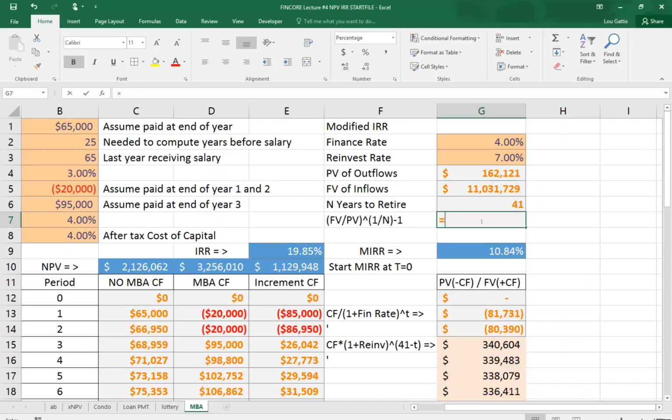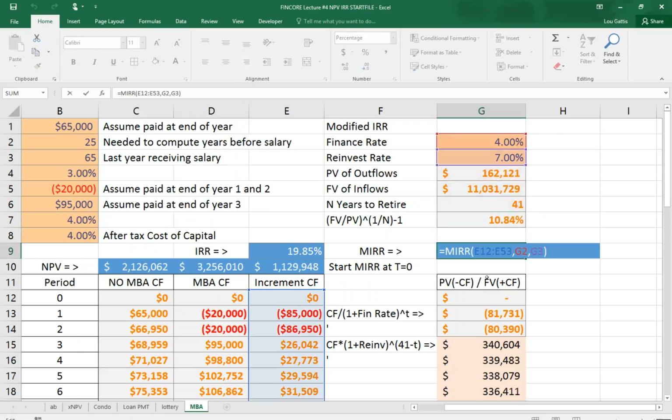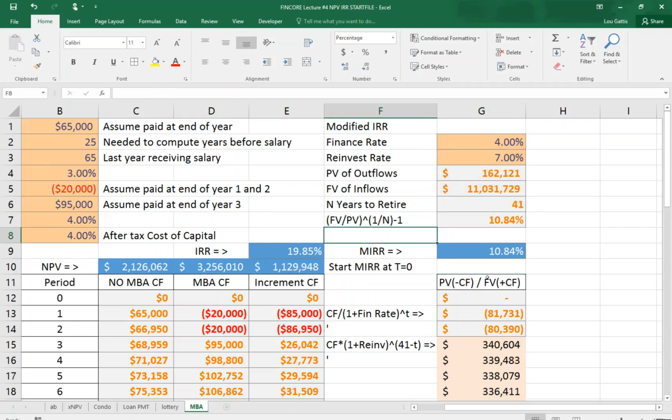Now if I take my future value divided by my present value, raised to the 1 divided by n power, 41 minus 1, that's how they get the MIRR function, the modified IRR function. And what you see is, if you had to actually borrow at 4% and reinvest at 7%, the MIRR is 19.85%.